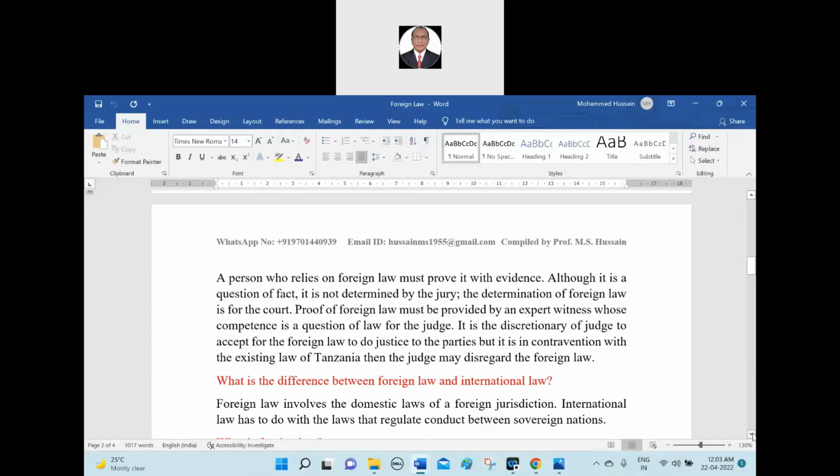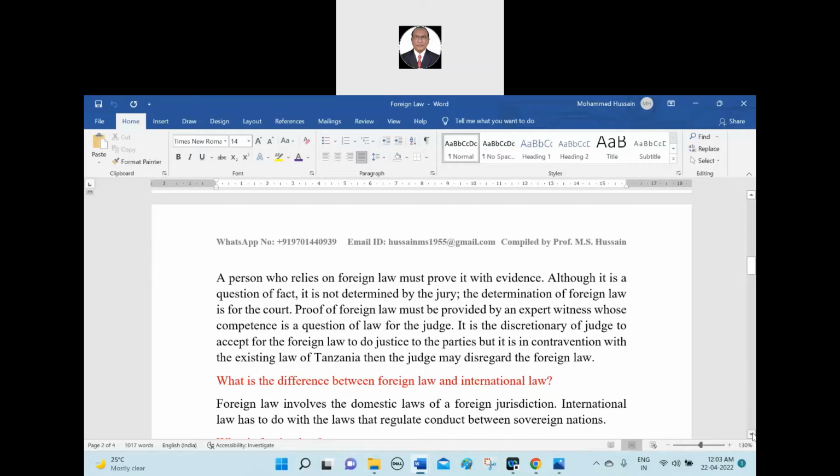The proof of foreign law must be provided by expert witnesses, whose competence is a question of law for the judges. It is the judge's discretion to see whether the foreign law could be used or not. It is the discretion of the judge to accept the foreign law to do justice to the party. To do justice to the party, sometimes we replace the local law and use the foreign law.